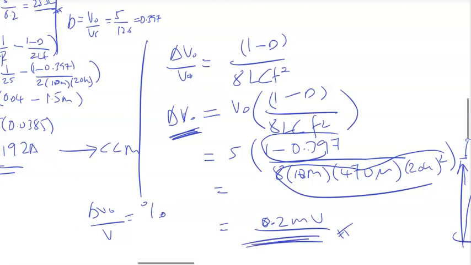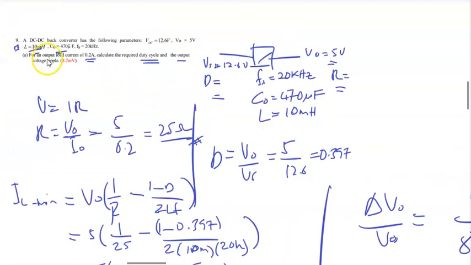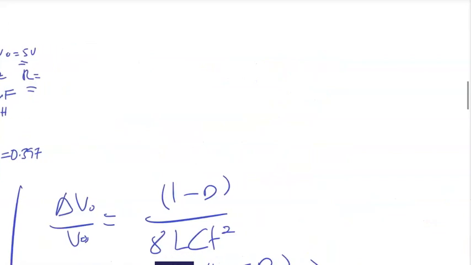Okay, thank you very much. Okay, that is the answer for question 9, number A. So the output voltage ripple, so 0.2 volt.